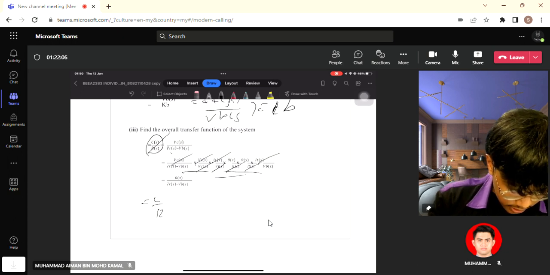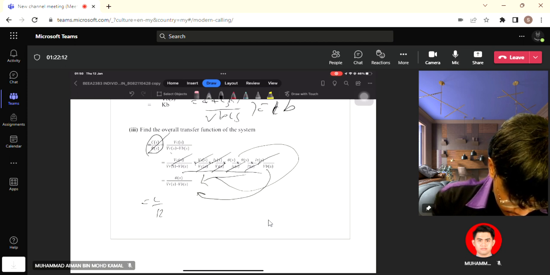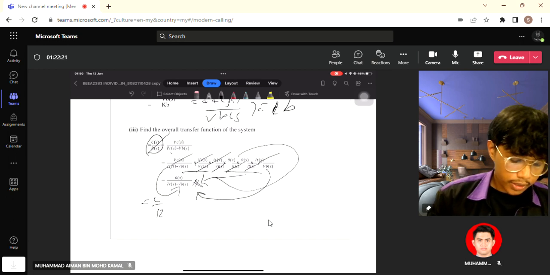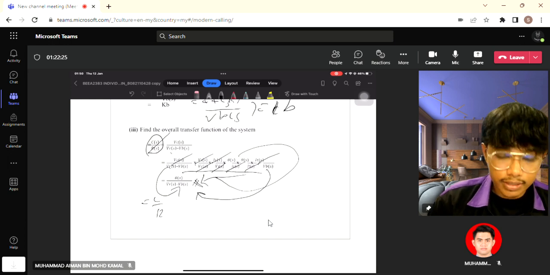Alright, so we just write down the left one, VR and VB. Okay, so the final answer was theta(s) divided by VR(s) minus VB(s).